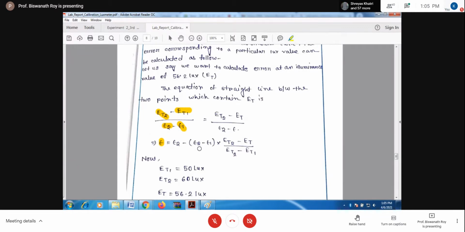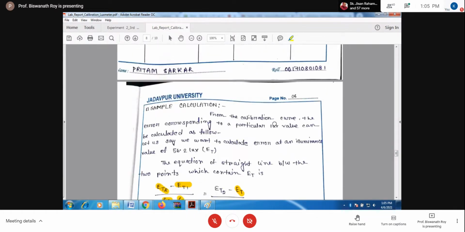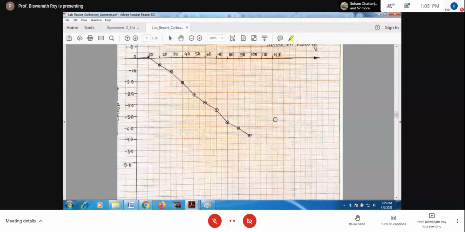That lux meter value is ET. So you can calculate it mathematically, or you can get the value directly from the graph. Actually, it is not a calculation, those values are to be obtained from the graph.